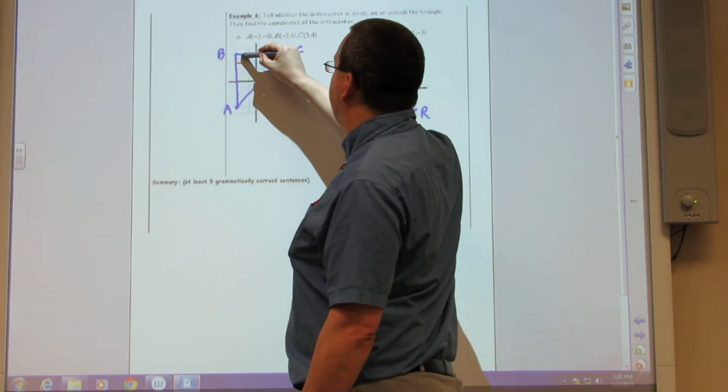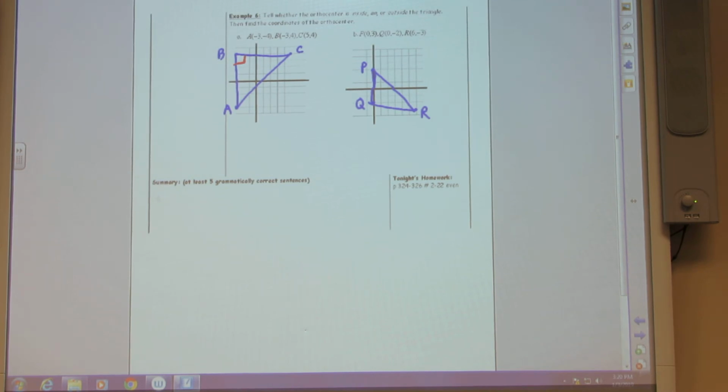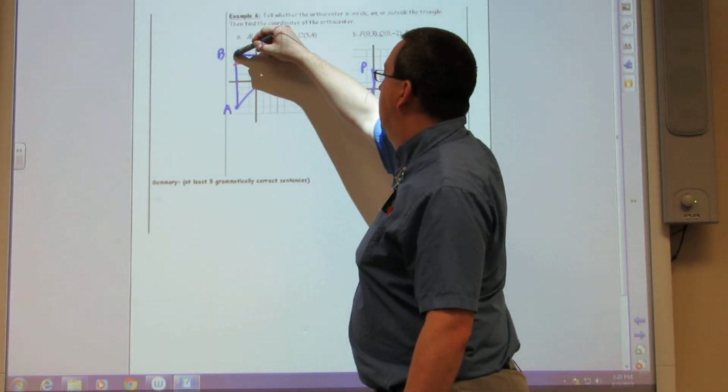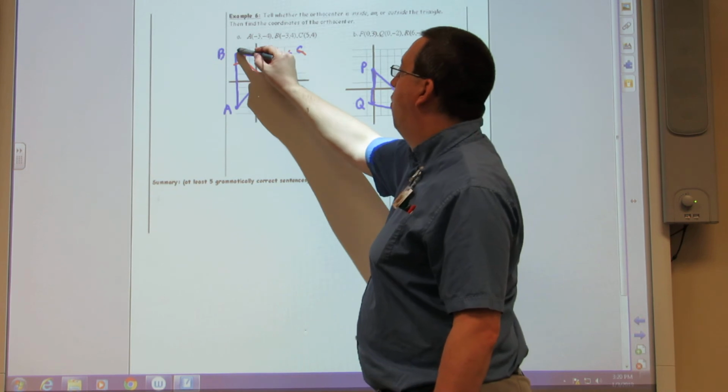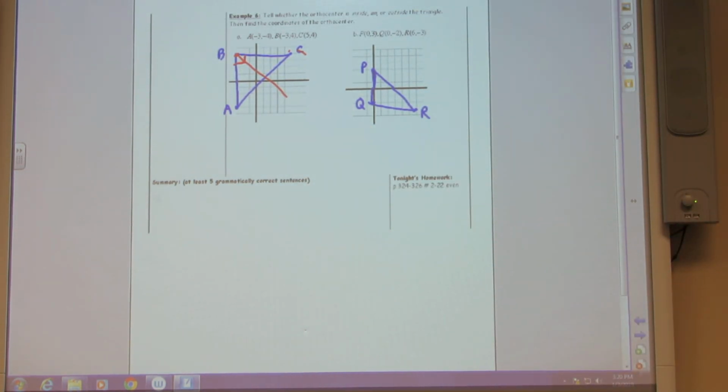This angle right here is 90 degrees. So BC and BA are already drawn as altitudes. The other altitude would come this way. So point B is my orthocenter because it's a right triangle. That's always going to be true on a right triangle.